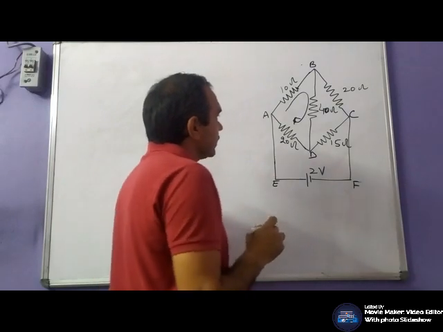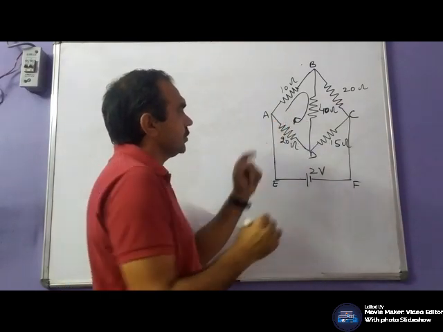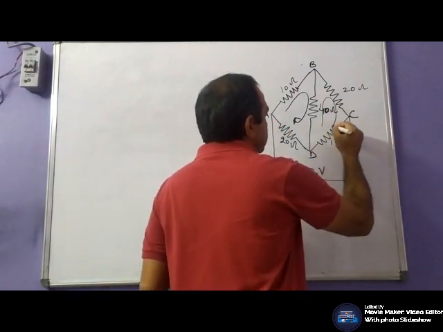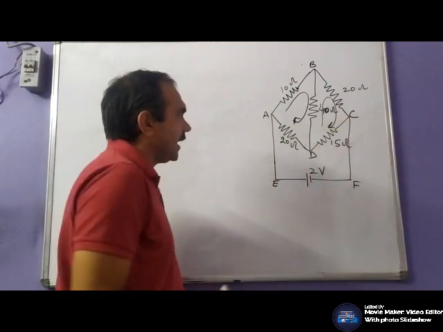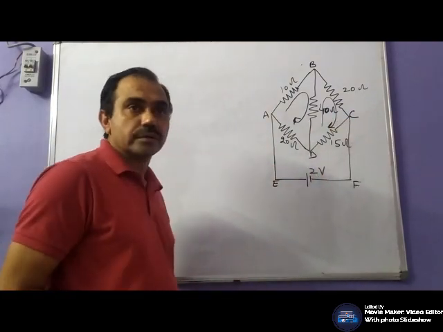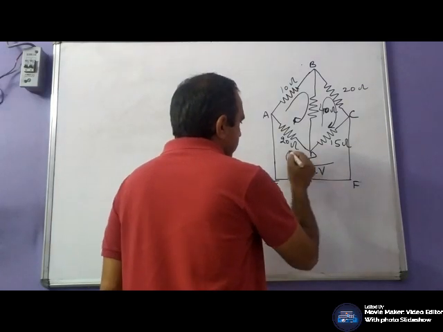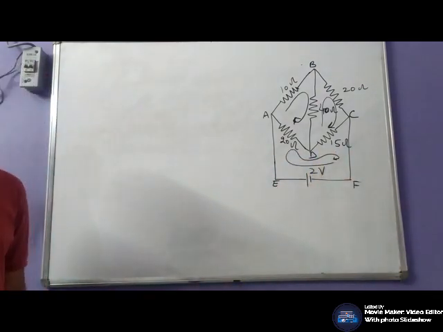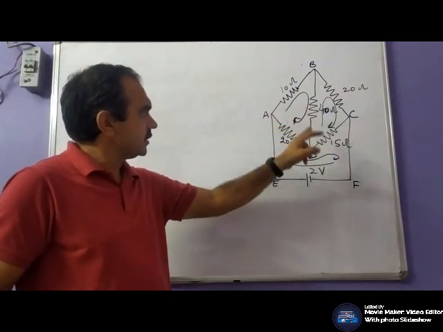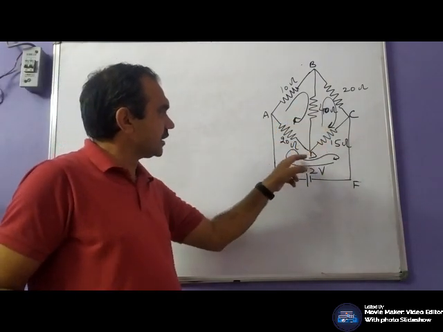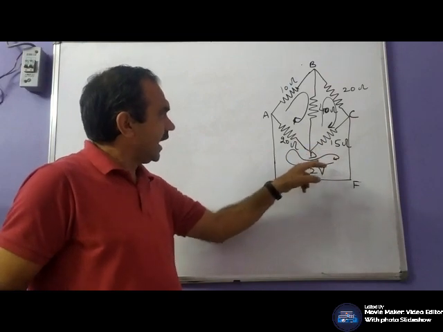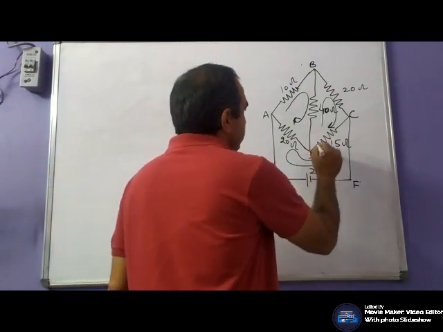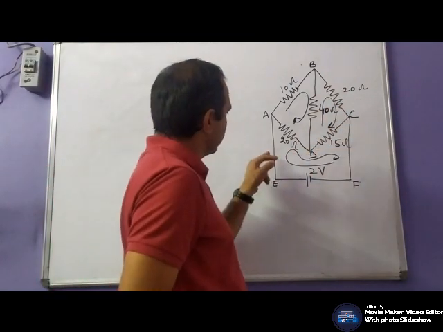So here I have taken this loop. Another loop is this one, and the third loop this one. First loop this one, second loop you can consider this one, and third loop ये भी कंसीडर कर सकते हो आप.